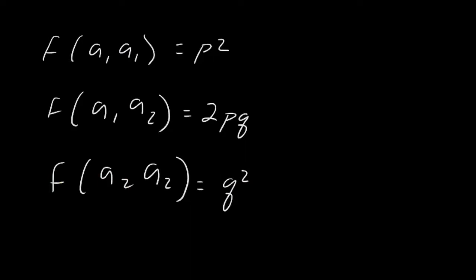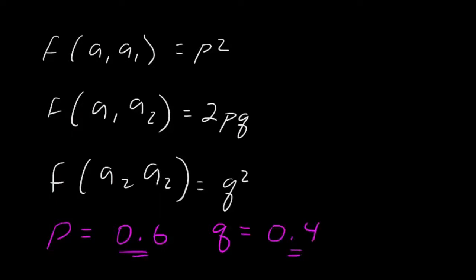So let's calculate the genotype frequencies for our three primary genotypes in our kit fox population. Remember that P, the frequency of our A1 allele, is 0.6, and Q, the frequency of our A2 allele, is 0.4.